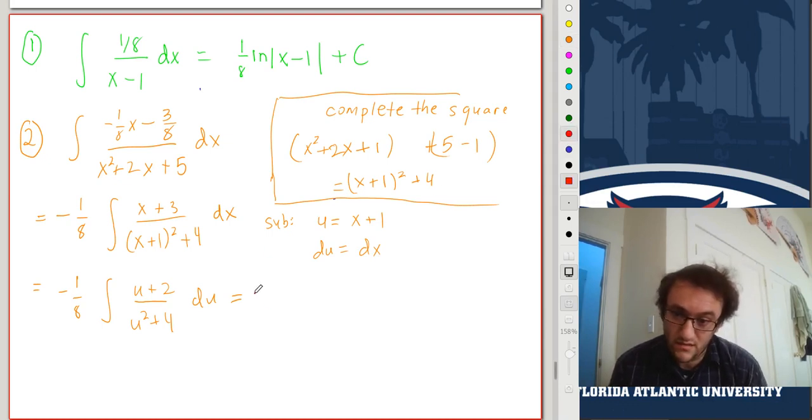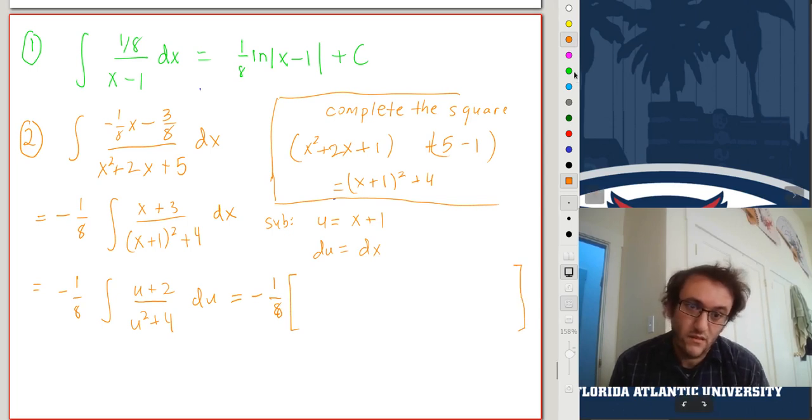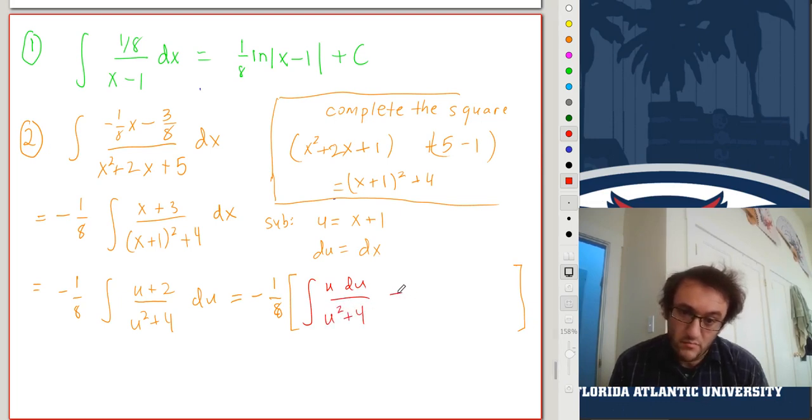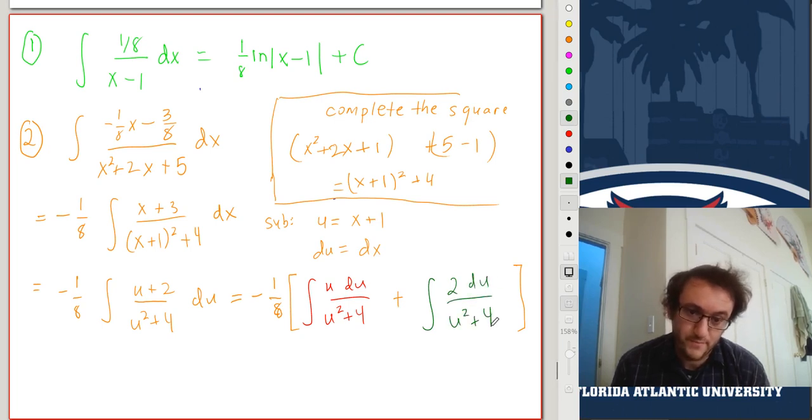We'll keep this just for this purpose, minus 1/8 times the integral of u du divided by u squared plus 4, and then in this dark green ink we will do the integral of 2 du divided by u squared plus 4.